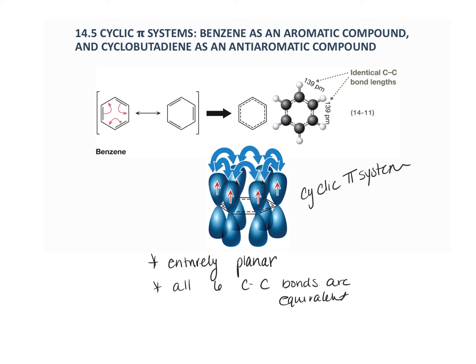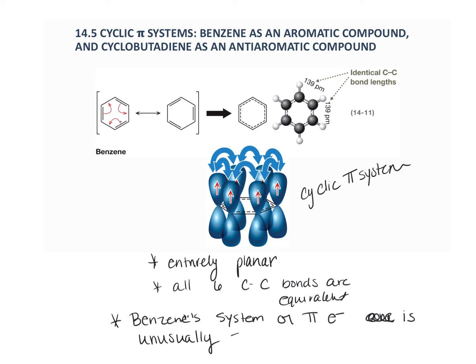And then, more importantly, from a chemical standpoint, benzene's system of pi electrons is unusually stable, right? And so because we have this aromaticity, because this is what we consider aromatic, it's very, very stable.